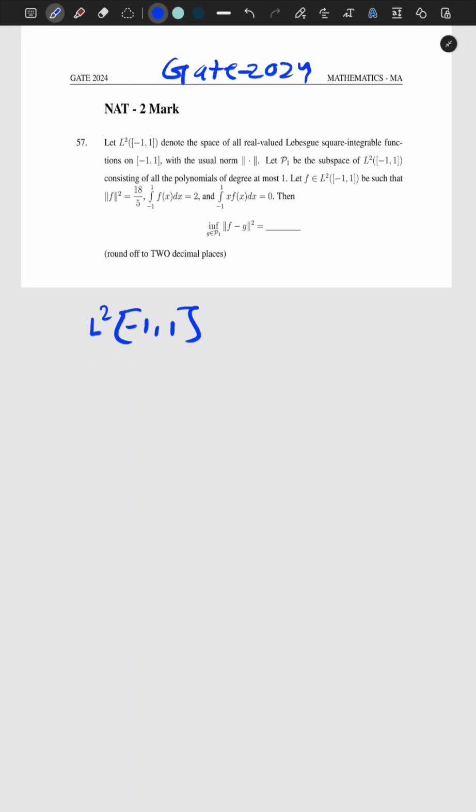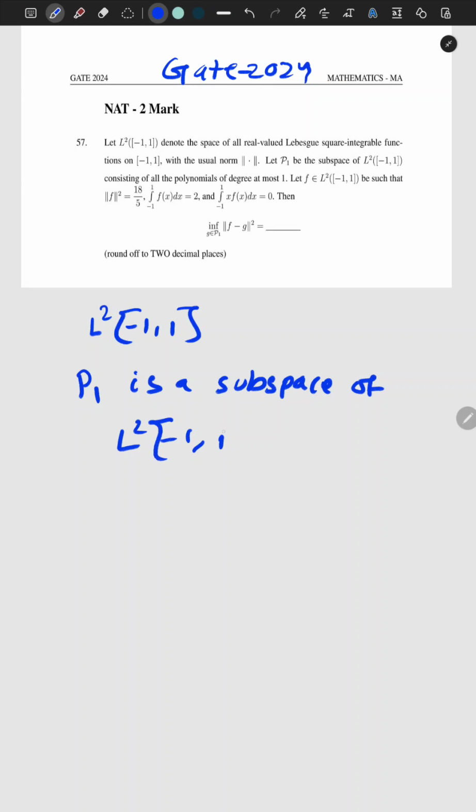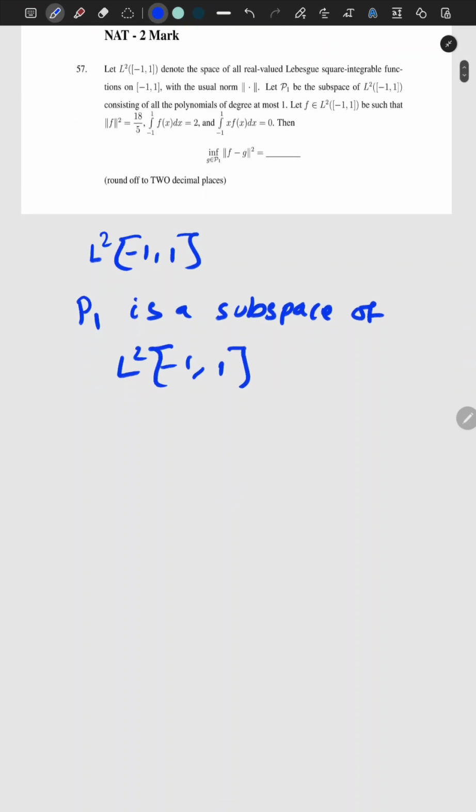And P1 is a subspace of L2[-1, 1]. What is P1? P1 is the collection of all the polynomials.